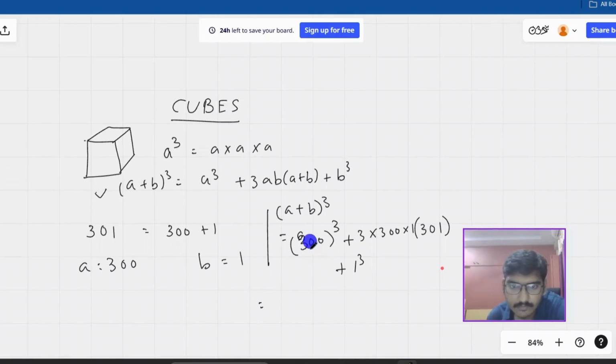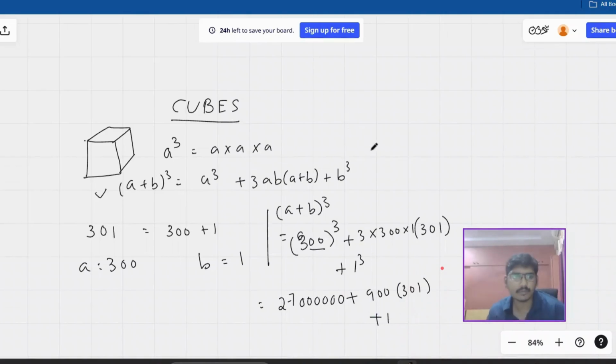Here easily you can see that 2 zeros will become 2 into 3, 6 zeros, right? Whole 6 zeros, and 3 cube is nothing but 27. This is the cube, and here it becomes 900 into 301 plus 1.